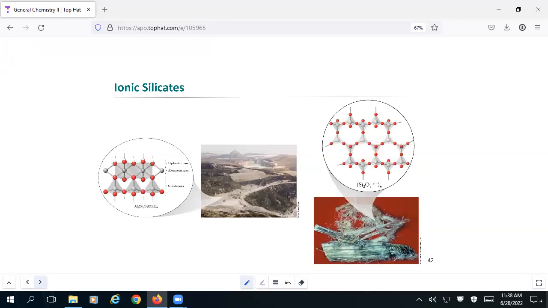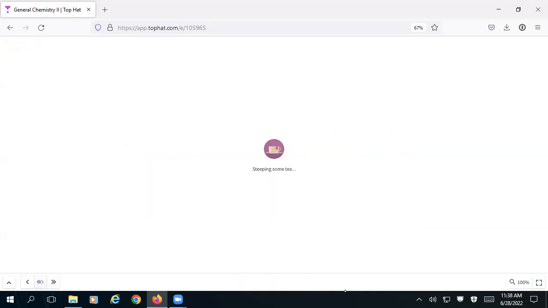There are also ionic versions of these silicates where we can get the silica to take on electrons and bond, in the case here with aluminum. In the case down here, just creating a silica matrix.